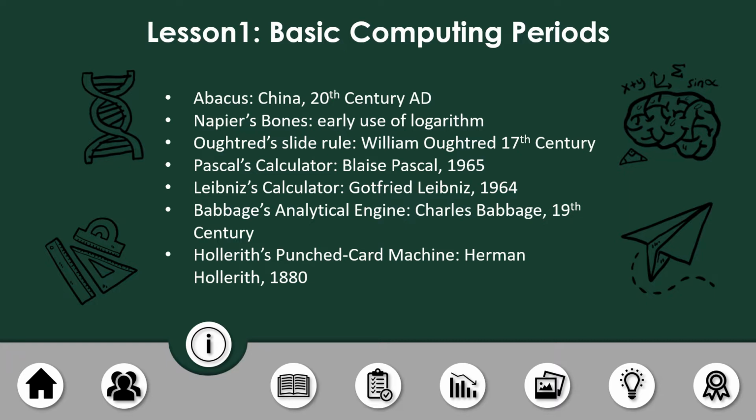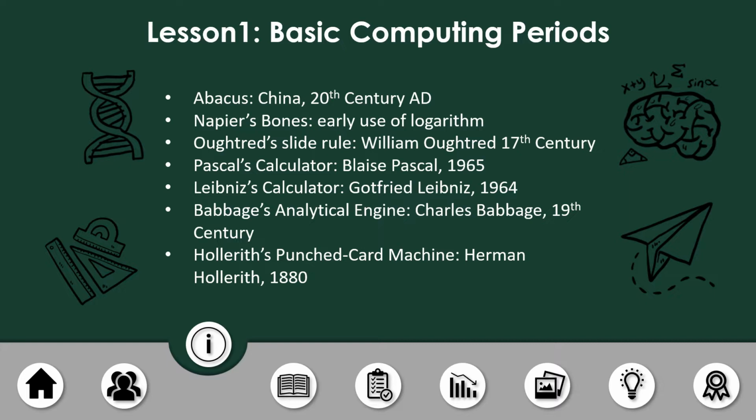Then we have the Napier's bones. Napier's bones is a tool that was used early on for logarithms. With the help of the Napier's bones, we are able to proceed with bigger results.